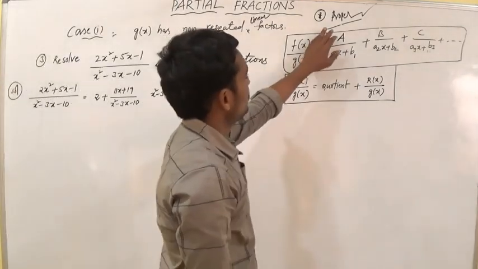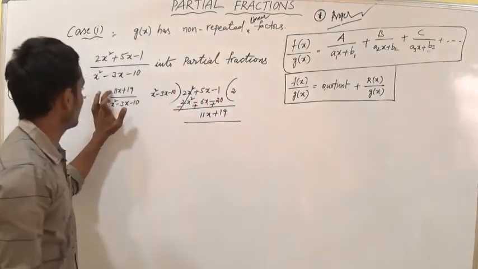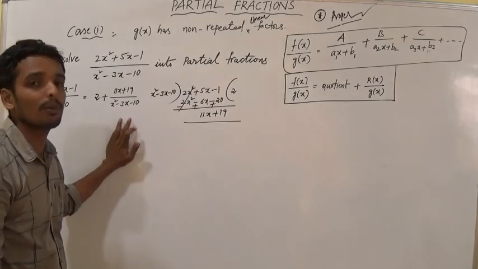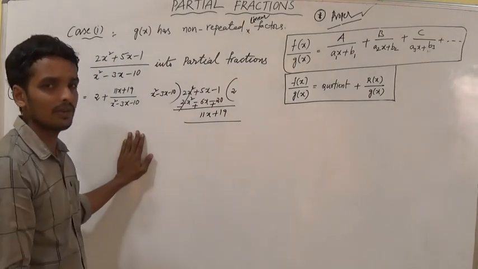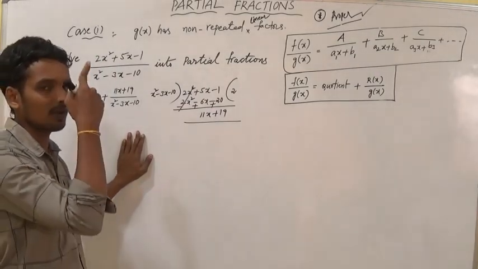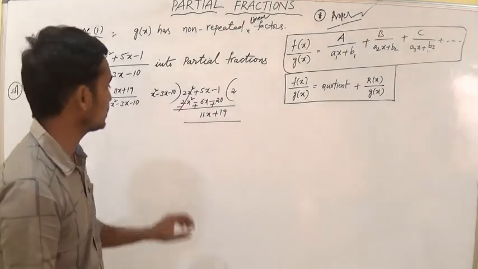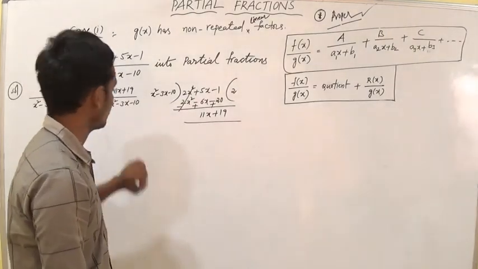So here, 11x plus 19 by x square minus 3x minus 10 is absolutely a proper fraction. The degree of the numerator is 1, the degree of the denominator is 2. So now we are writing the partial fractions for this fraction.